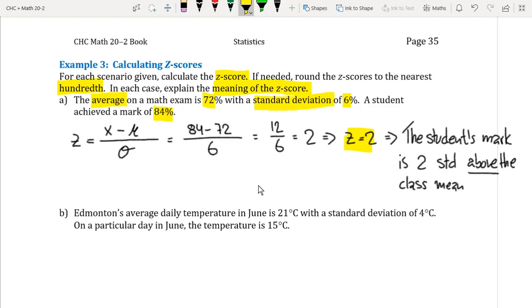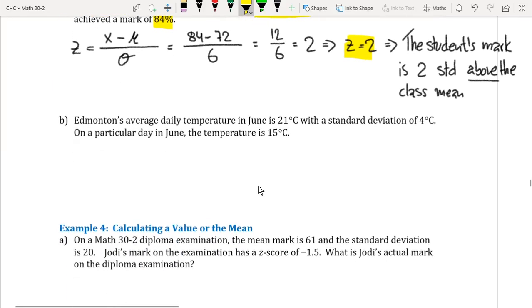In example B, the Edmonton average daily temperature in June is 21 degrees Celsius with a standard deviation of 4 degrees Celsius. On a particular day in June, the temperature is 15 degrees Celsius. So again, we're going to use the same formula we used up here, the z-score formula.